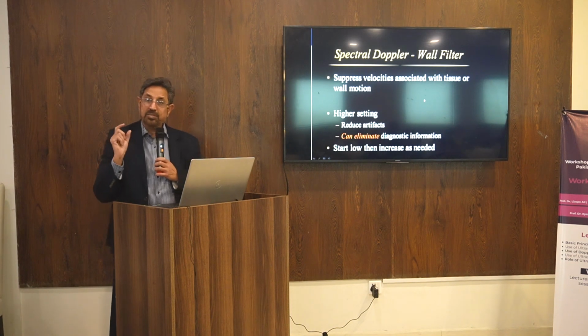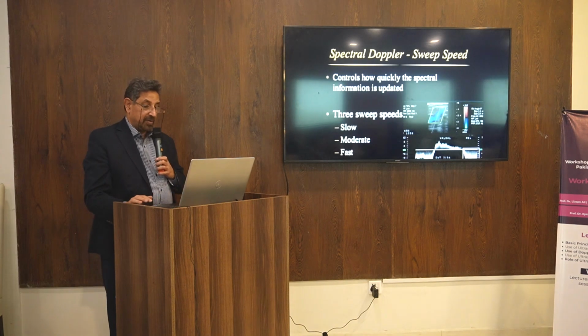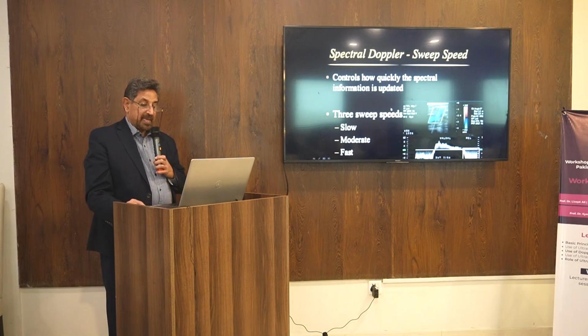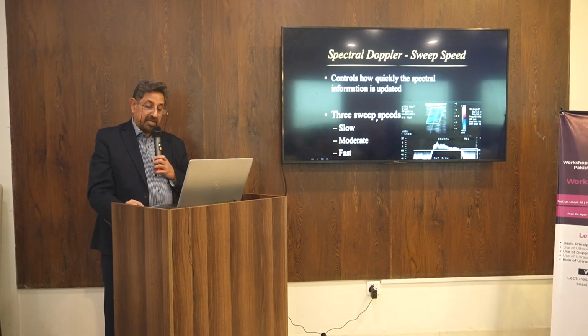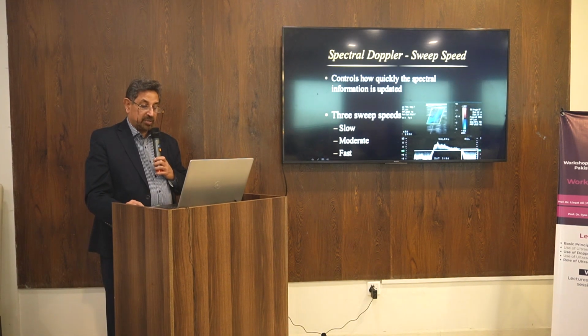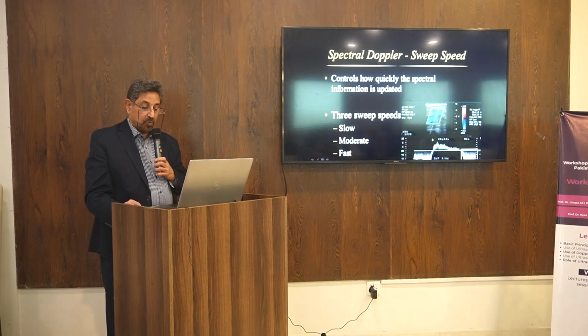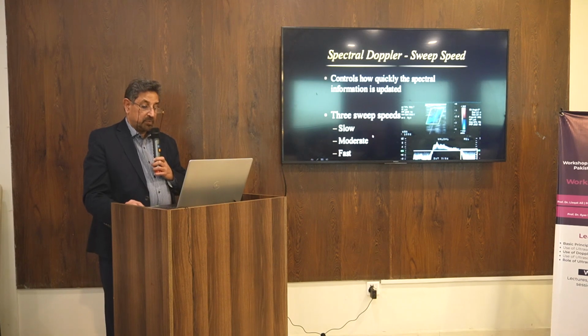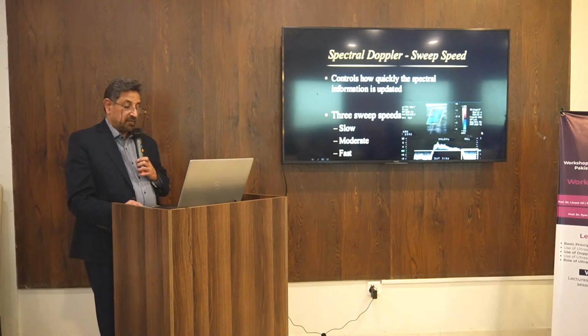For very high flow, you keep your wall filter at a higher level. Then sweep speed. If it's fast moving blood and a fast moving spectrum, the sweep speed should be high. For veins, when we want to see the Valsalva maneuver and the reverse and forward flow, the sweep should be sufficient to show all the wave patterns, towards the probe, away from the probe, towards the probe and back during the Valsalva, that we do to see the reflux.